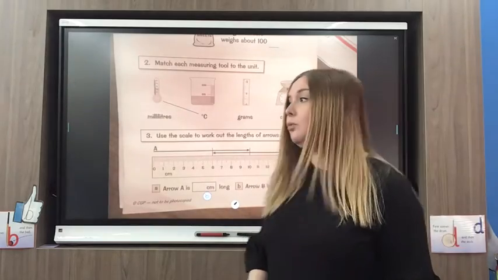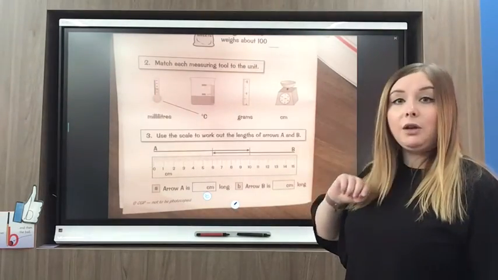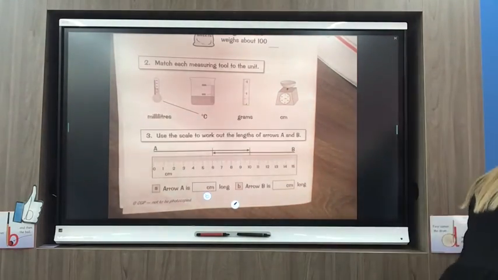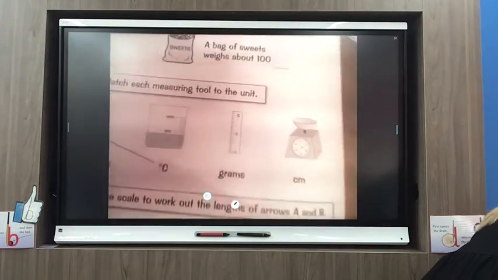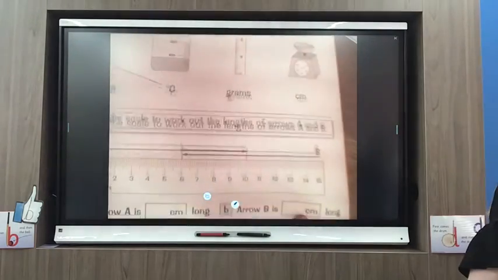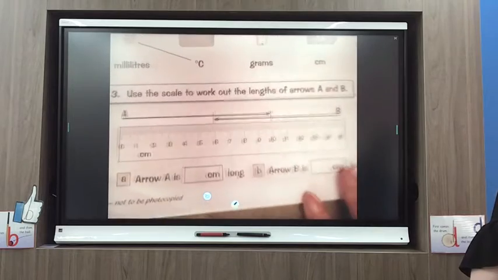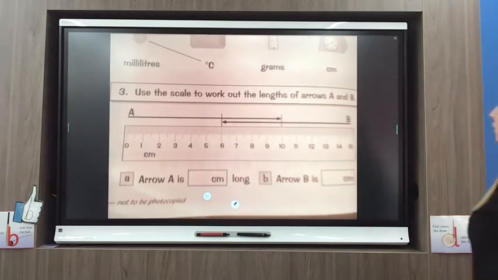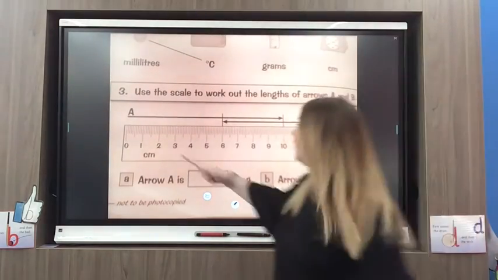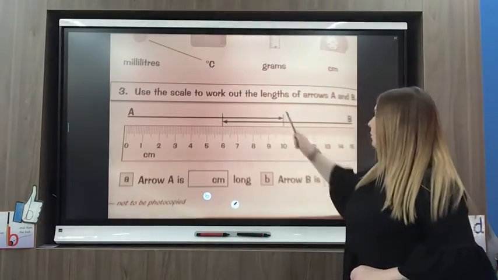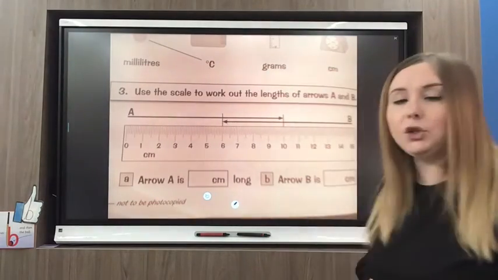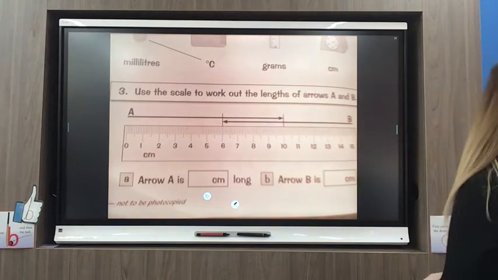And you can use your ruler a little bit like a number line, Year 4, so let me show you what I mean. Now I'm not going to do it for arrow A because we should be able to figure out how long that one is, but let's have a little go at arrow B together.